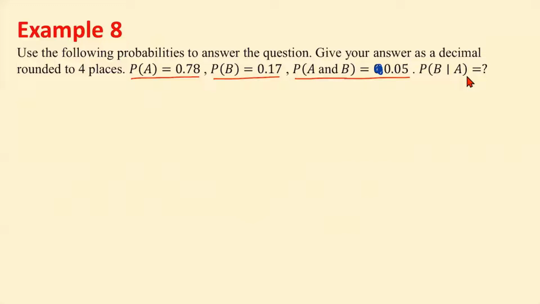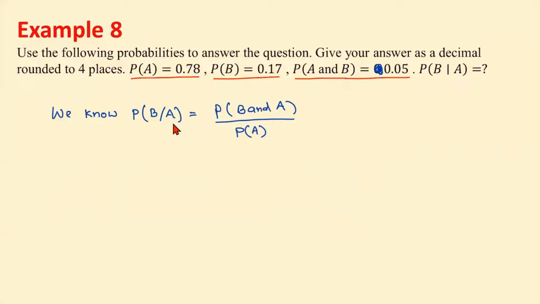Whenever you have to find a probability like that, that is the conditional probability. So what we know is that the probability of B given A is the probability of B and A, or A and B, which is the same thing, divided by the probability of this second one, that is the probability of A. This formula that I just wrote down is the formula for conditional probability.